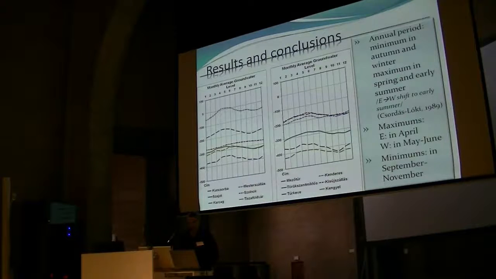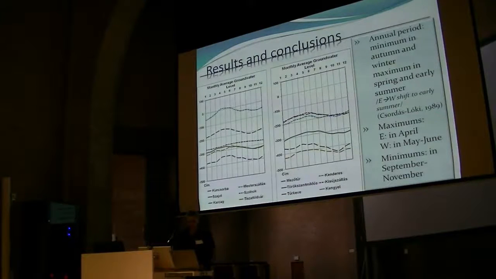And in the case of the maximums, we can see little regularity, because from the eastern part to the western part, the maximum values appear later and later, from the spring to the early summer.